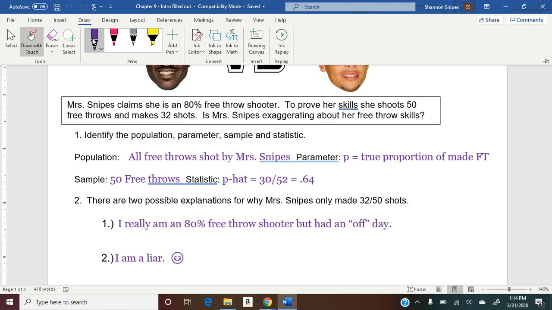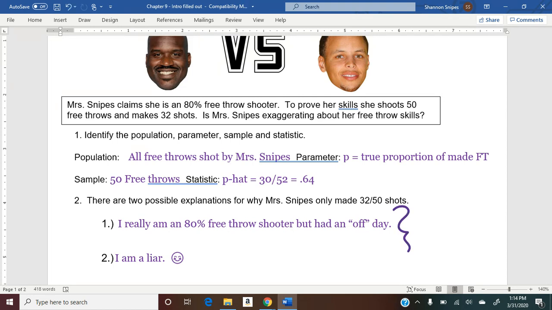In statistics, these are what's called our hypotheses. We're going to have what's called a null hypothesis, which is symbolized H sub 0. Our null hypothesis is saying that the true proportion is really and truly 80%.